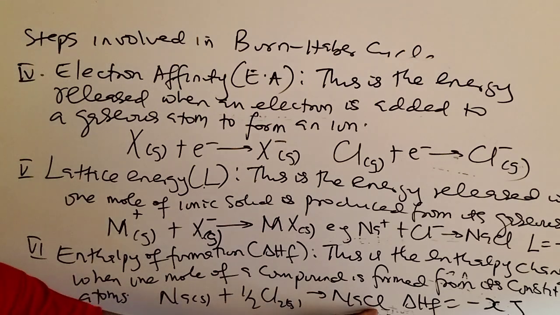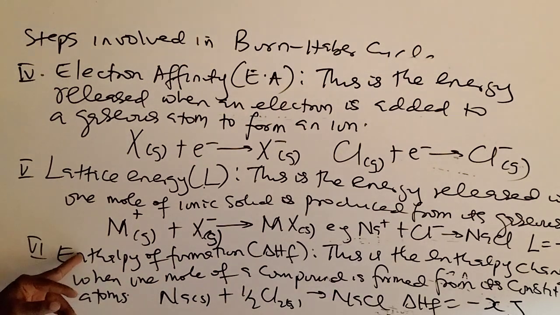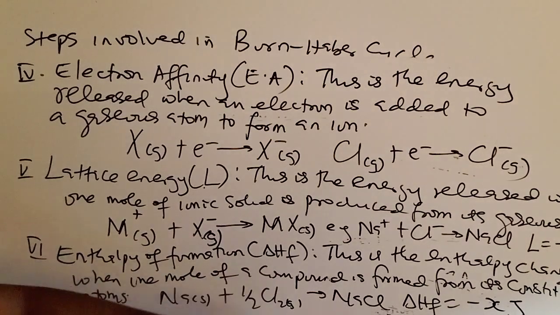If we put 2 there, we'd have 2 moles, and that would be wrong, because enthalpy of formation deals with the production of 1 mole of the substance. So we put half to balance the equation.